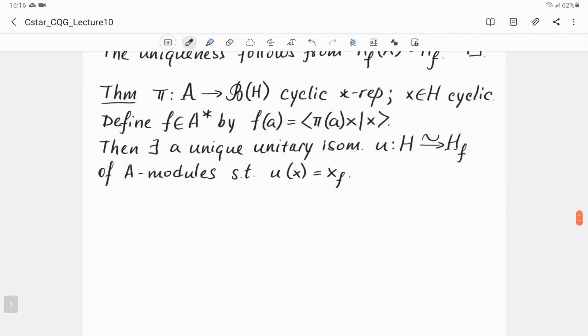So in particular, we see that each cyclic representation is unitarily isomorphic to a GNS representation.